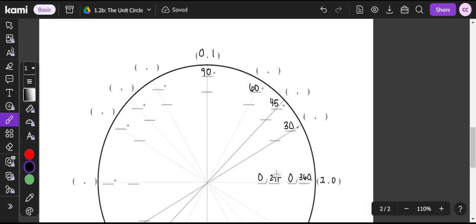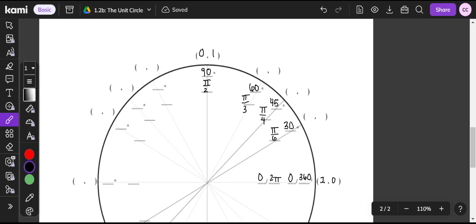We also know that a quarter of a way around the circle is pi over 2. All right, now I want you to pause the video right now and see if you can figure out the radian measurements for these 3 degrees right here. I will give you the answer in 3, 2, 1.